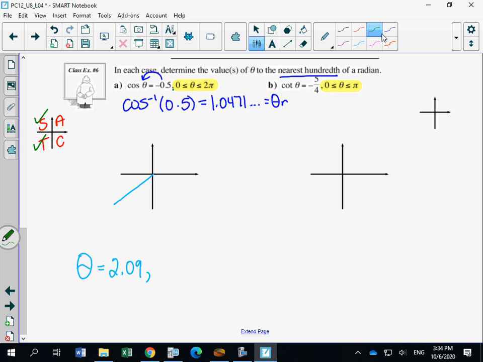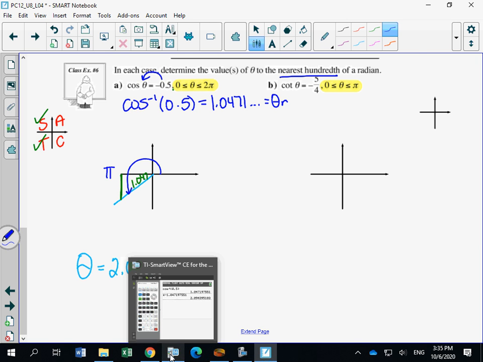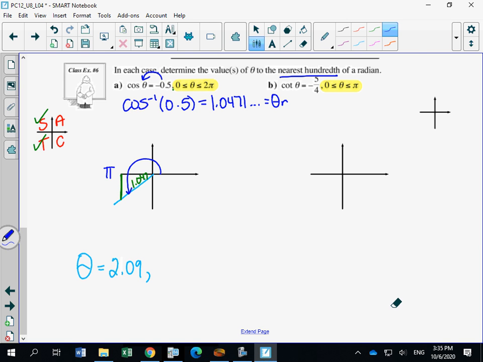So that reference angle is 1.047, and here is my triangle. They want this rotational angle. The rotational angle is going to be pi plus the reference angle. You could type that in on your calculator, pi plus 1.047, and what you will get is 4.19. And that's your second answer.